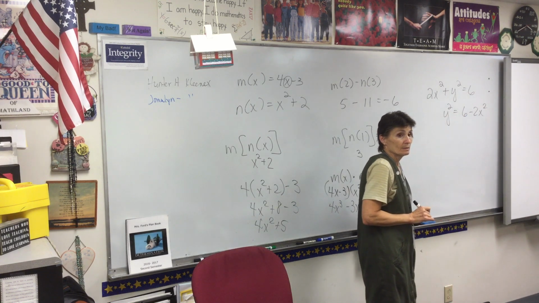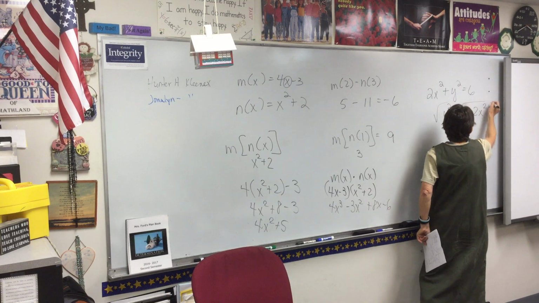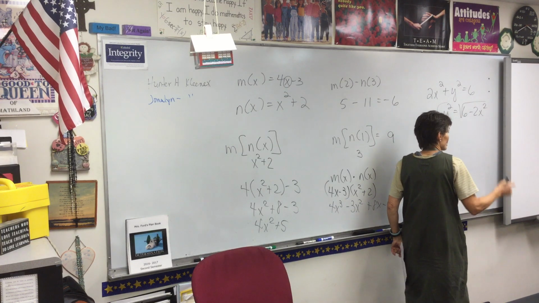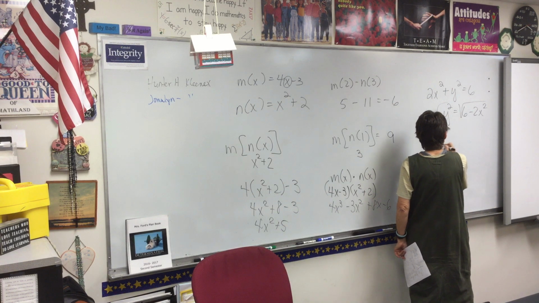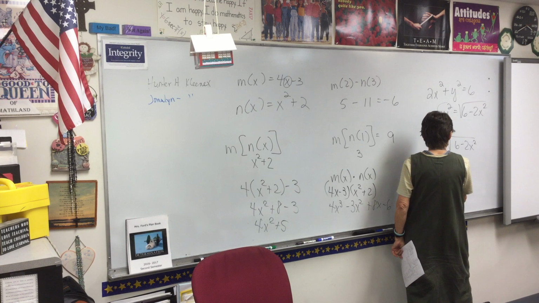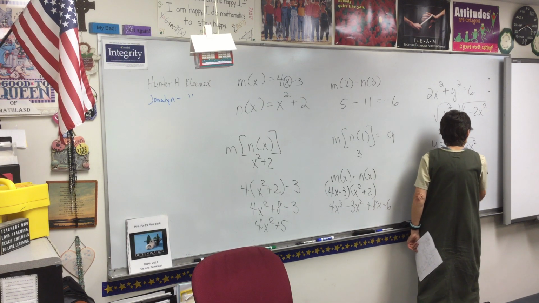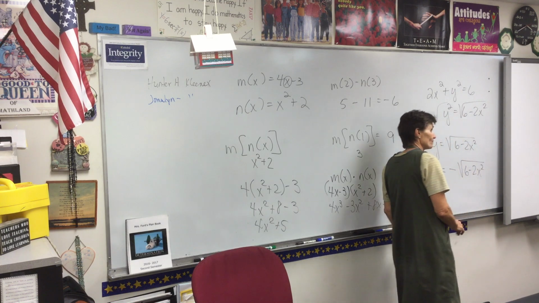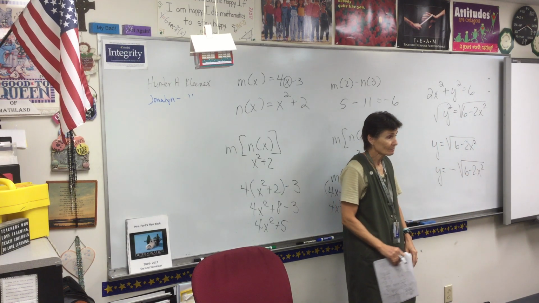And then we will square root and write 2 separate equations, the ones I put into my calculator if I were graphing. y equals the square root of 6 minus 2x squared, and y equals the negative square root. And where does the negative sign go? In front of the square root. Outside the radical. Don't put it inside.